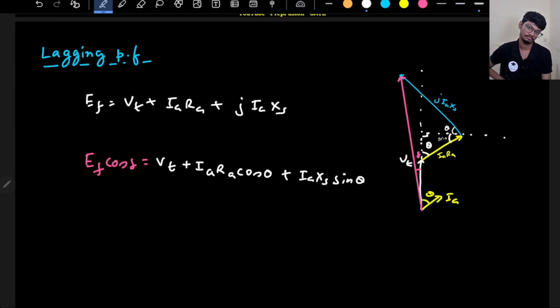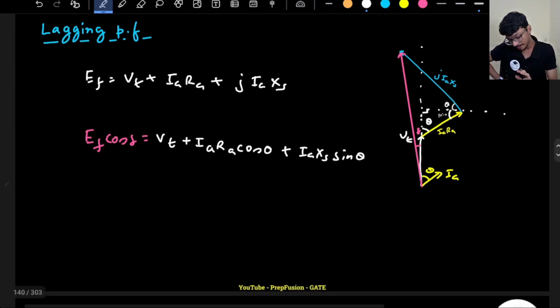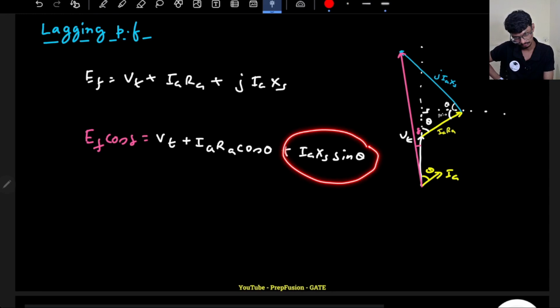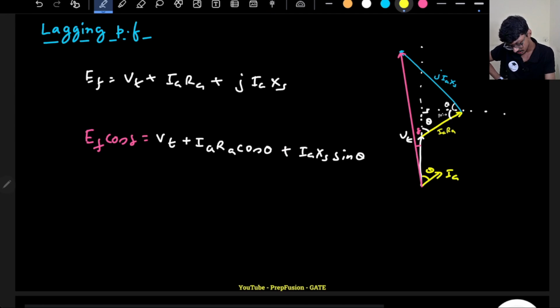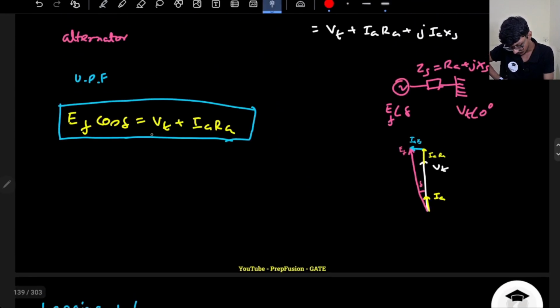Okay, so basically what you can comment is, if I neglect this Xs, or if this Xs is present, so what I am talking about, if you remember this component, this was present here, Vt, IRa, and cos theta was there, but it was unity power factor, so you could not observe it.